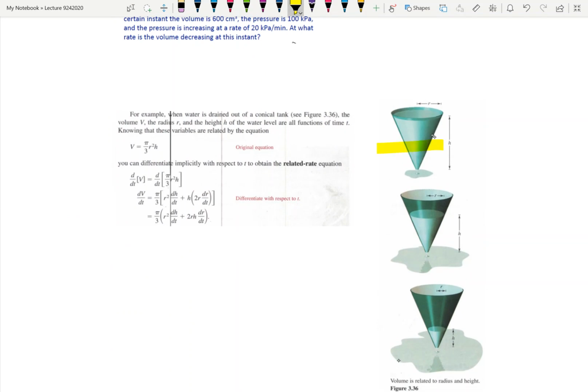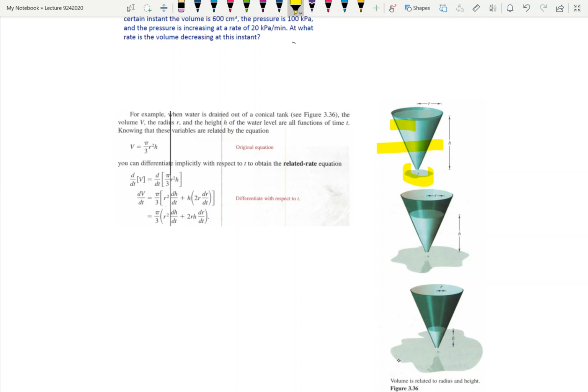When water is drained out of the conical tank, the volume V, the radius r, and the height of the water level are all functions of t. So if you pour water and also drain out water, then the height, the volume of the water, and the radius of the water level would be functions of t.